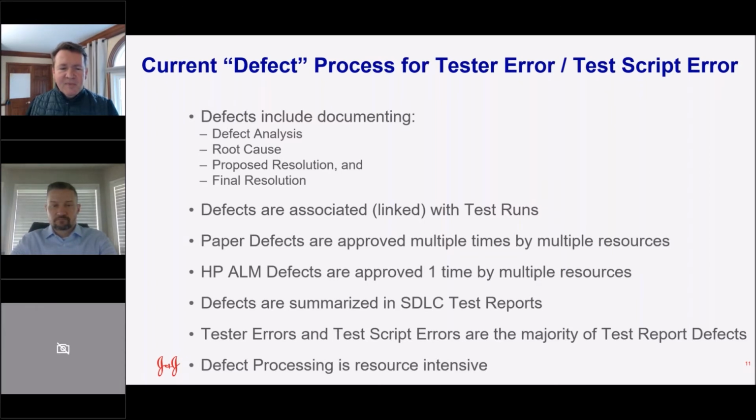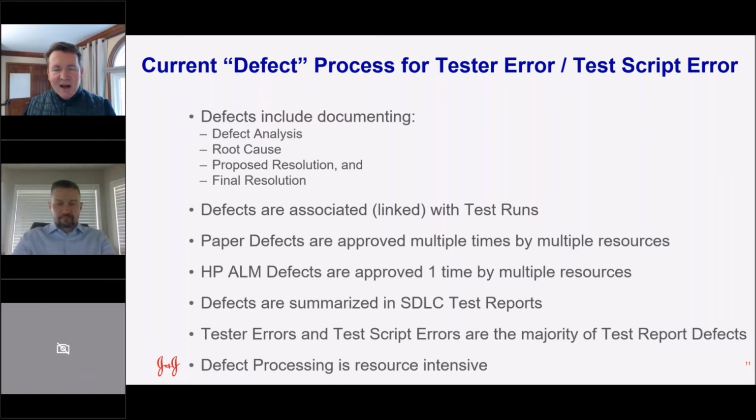And every defect was typically associated or linked to a test run. So there was some linking that had to occur, or at least referencing. If you were using a paper system for defect handling, and this is counter to CSA, they usually were approved multiple times by multiple resources.